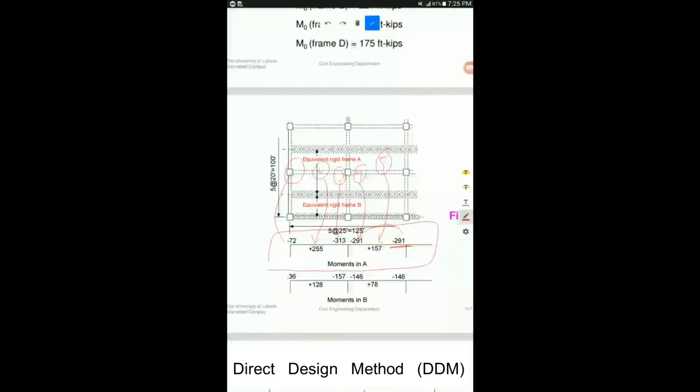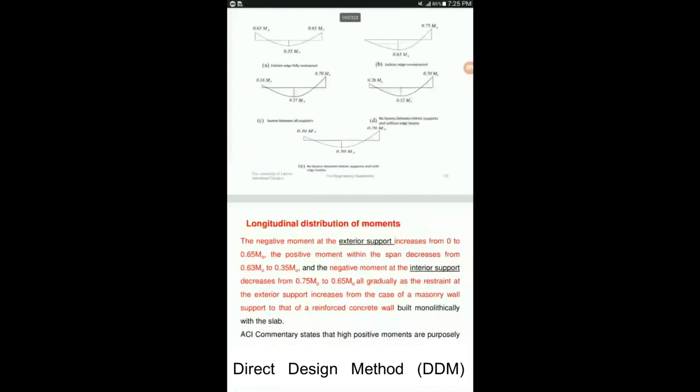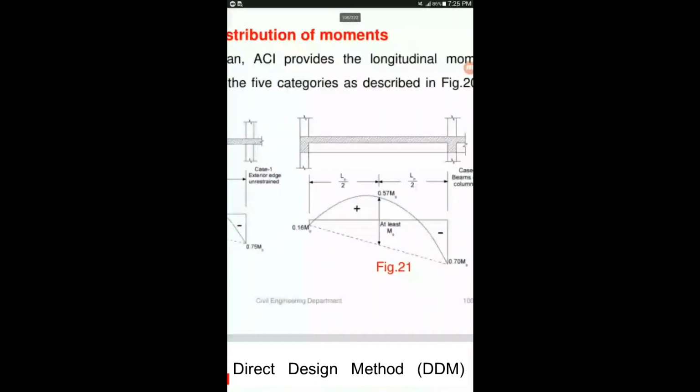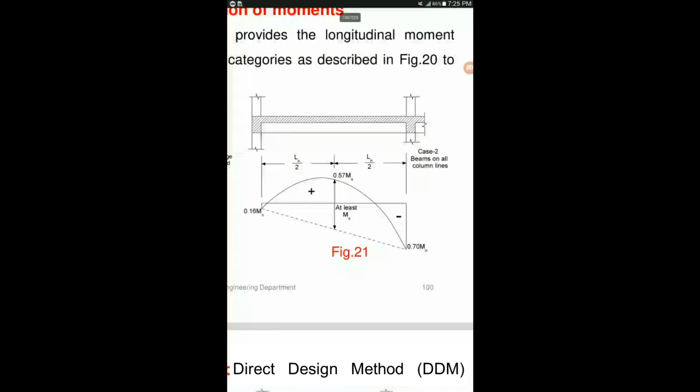Now, how have we converted 448 into 72, 255, 313 and all these moments? We're just going to look at this one, because you can see that this system has slabs resting on columns and beams. So it is a conventional slab beam system, and for this one we have particular coefficients. This was the case for our numerical, where I have to select the coefficients 0.16, 0.57 and 0.70 for the three locations, location 1, location 2, location 3.